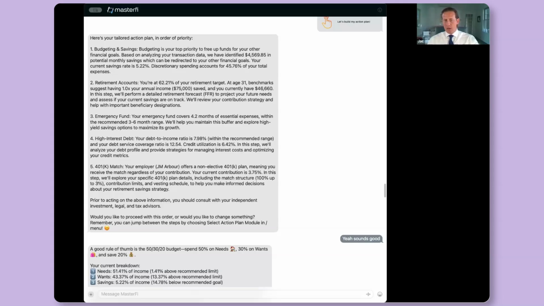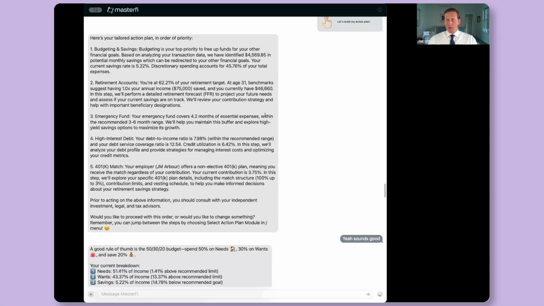It's extremely accurate. It's precise in its numbers. It tells me exactly what I need to do, but man, it's a lot to consume. It's a lot to understand. So I think one thing that we could do is show people what the employee dashboard is looking like, even in our minimum viable product, just so people can see what's coming and how they'll be able to interact with MasterFi in the future.